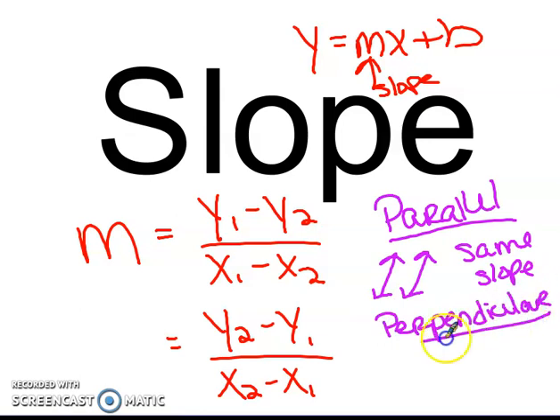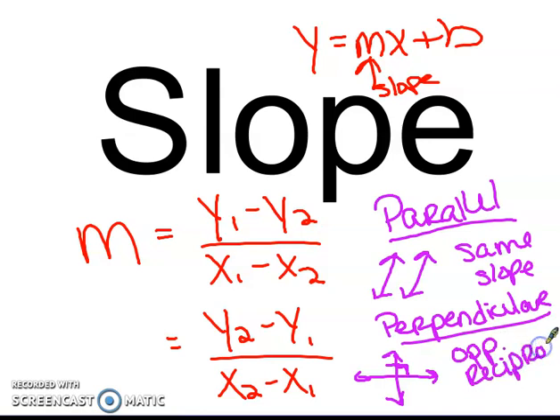Perpendicular lines meet at a 90-degree angle, and to know if they are a 90-degree angle, their slopes need to be the opposite reciprocal. So if I have -2, the opposite reciprocal is positive 1/2. If I have 3 over 5, my opposite reciprocal is -5 over 3.